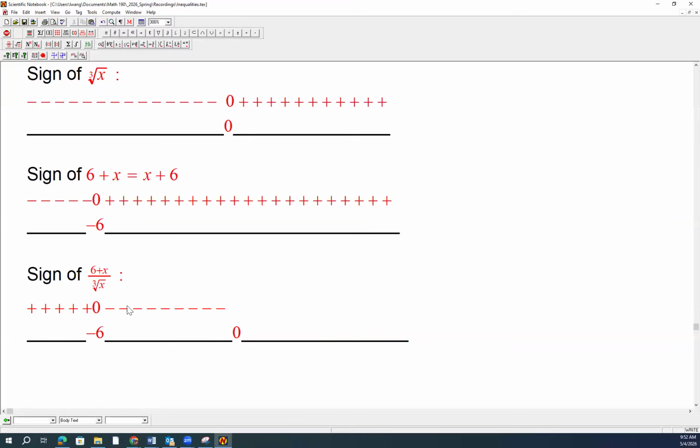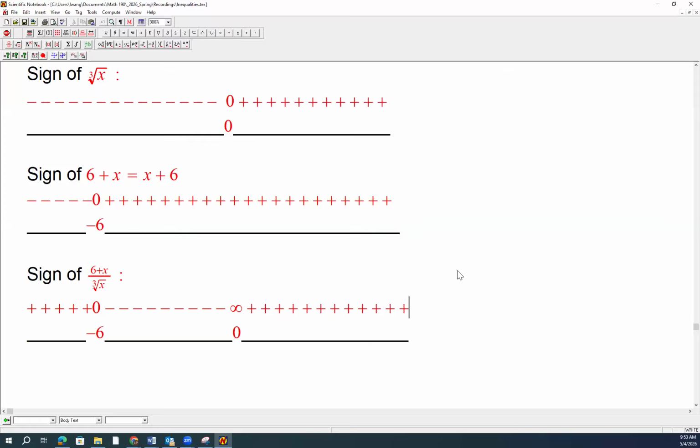At 0 it is undefined, okay? Because of dividing, so if you like, you can just leave it empty. If you really want to put something there, I would put infinity. And for larger than 0 it is positive times positive. Positive.